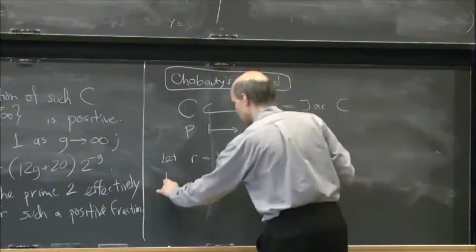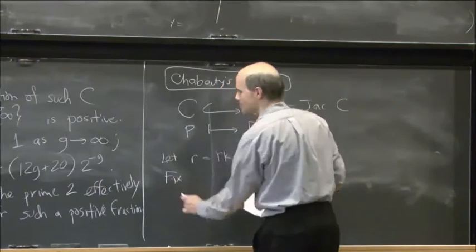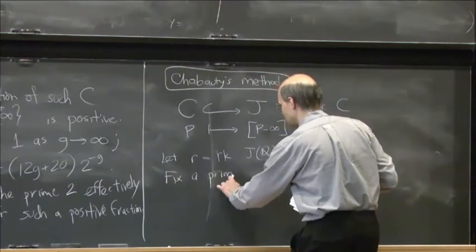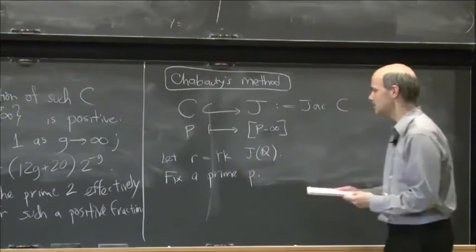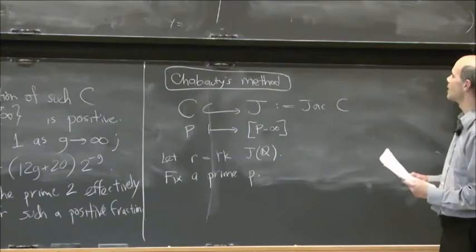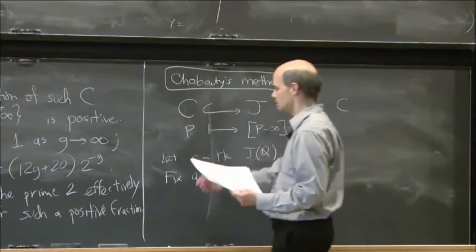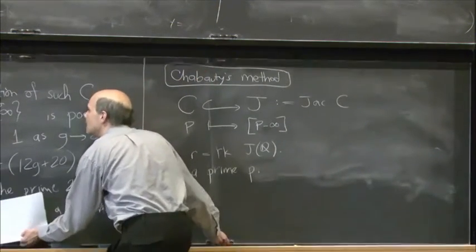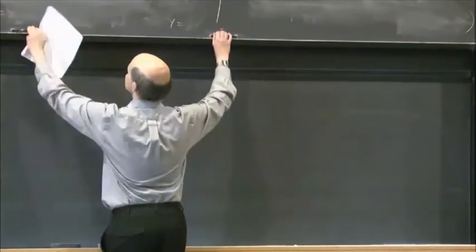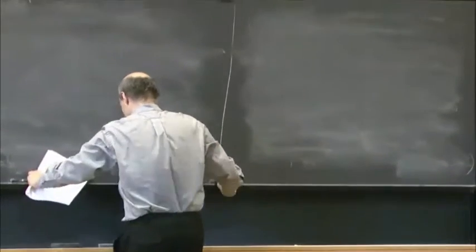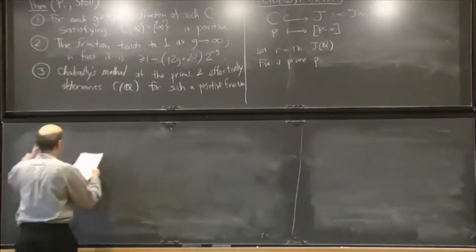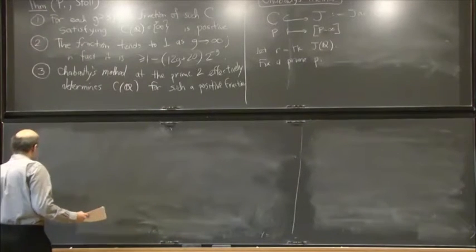And also, before specializing to the prime 2, let me just talk about Chabauty's method in general, just to review what this method is. So you fix a prime p, and then you look at everything p-adically. So the picture is this.